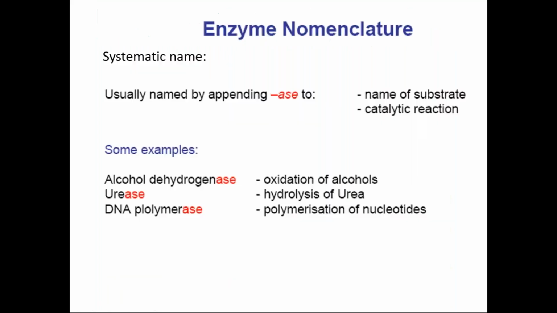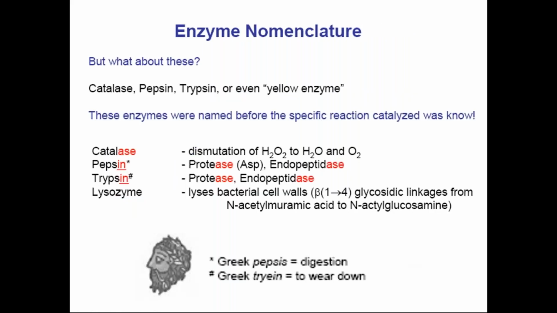Now, if you look at the enzyme nomenclature, they are all appended by ase. So you have alcohol dehydrogenase, urease for hydrolysis of urea, DNA polymerase, which brings about the polymerization of nucleotides. Then you have several enzymes which do not end with ase but have names such as pepsin, trypsin, chymotrypsin, and lysozyme ends with zyme.